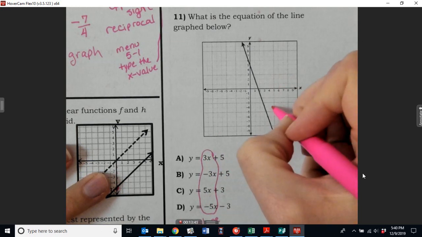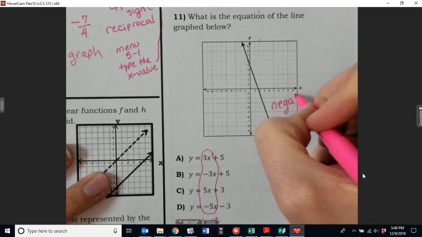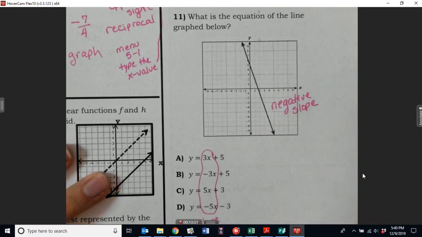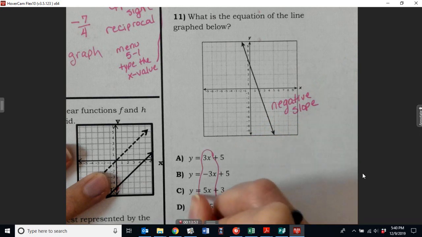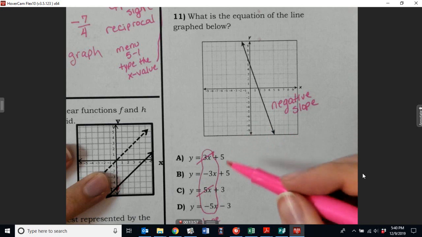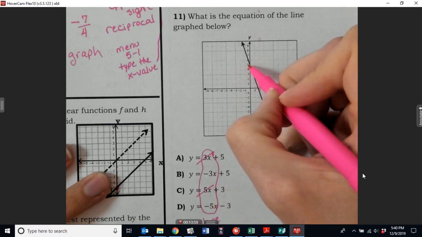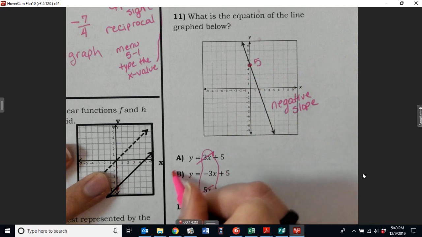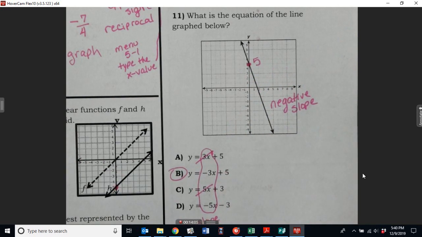And my slope is negative. And therefore, I eliminate the positive answers. After that, I have 2 negative answers. And where does it cross the y-intercept? At 5, which means B is my answer.